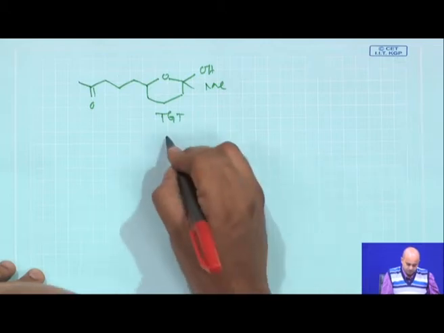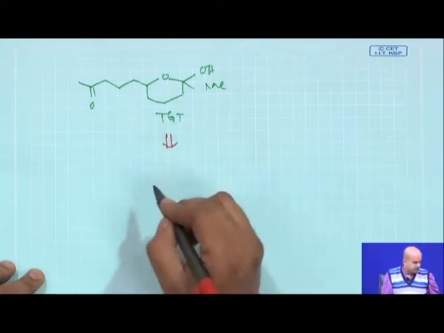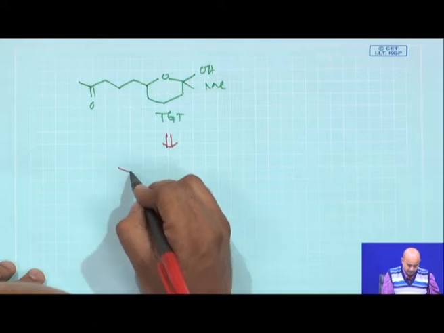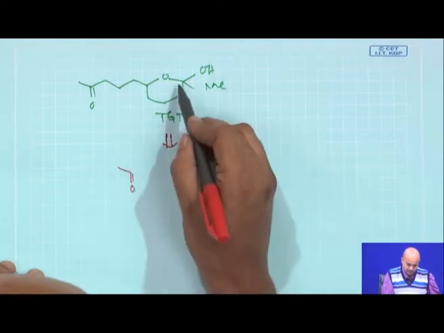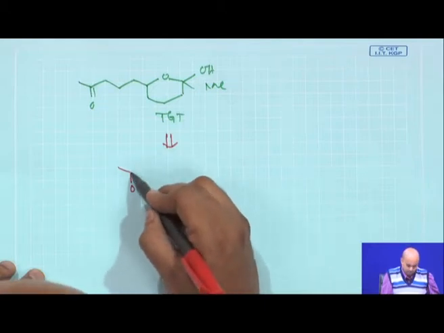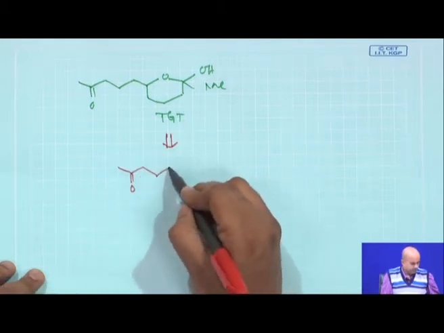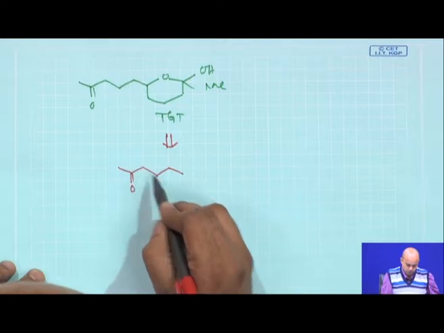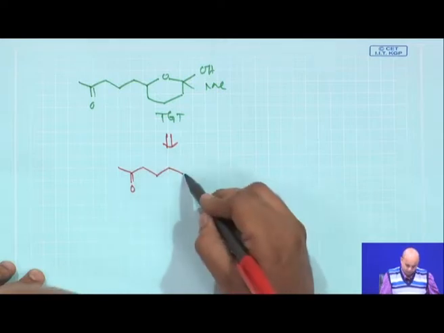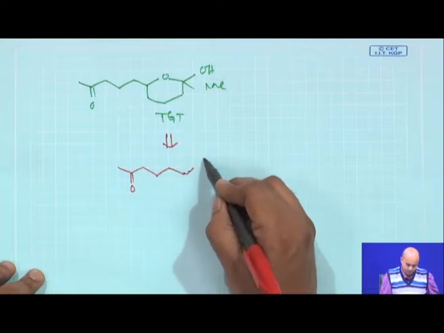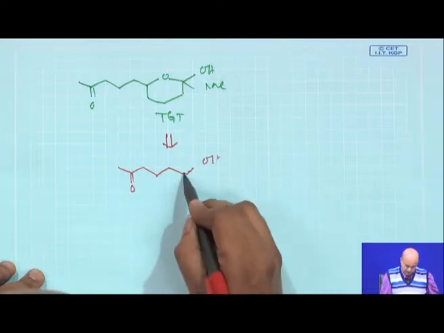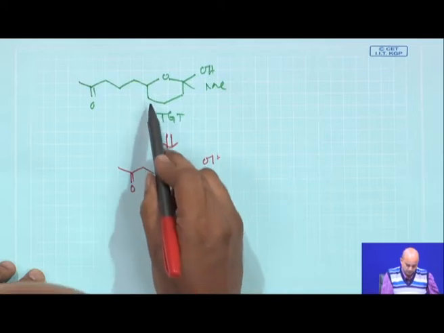Now, if you closely analyze the structure, you will find that this structure basically is a cyclic acetal. So, what you do? You just now do a retro 1 2 3, 1 2 3, and then you put an OH here and then you put another CH2 because you need 1 2 3.